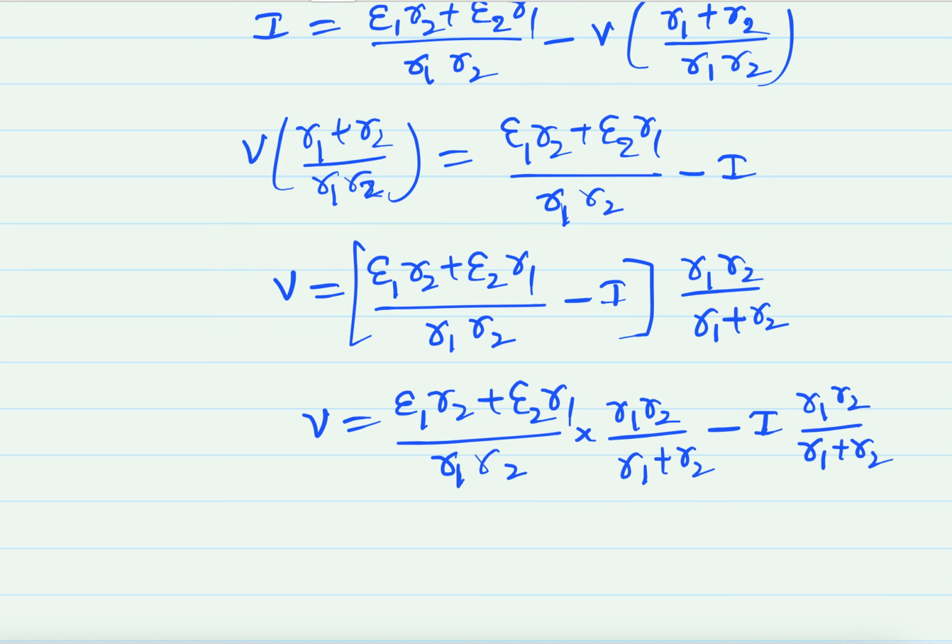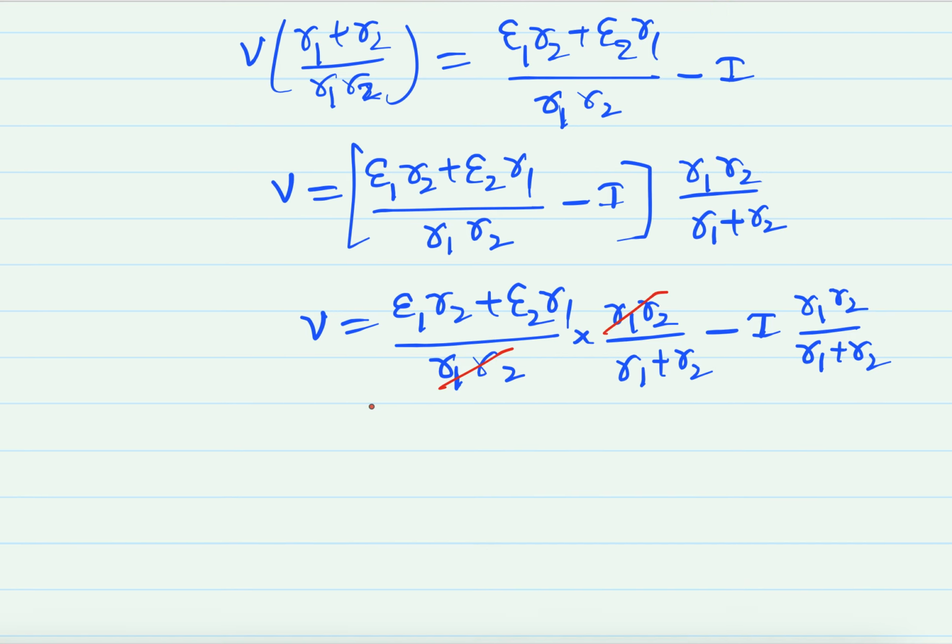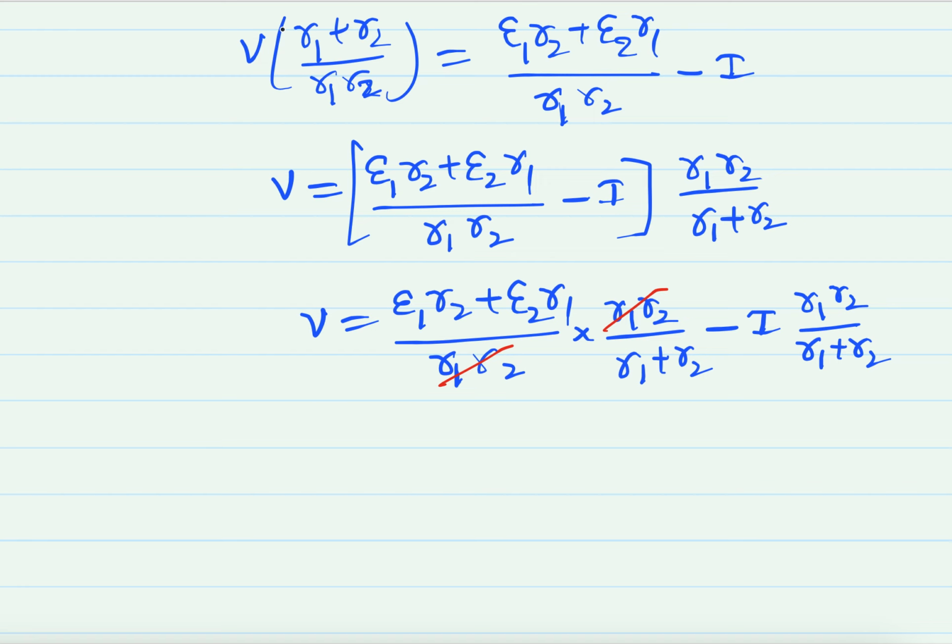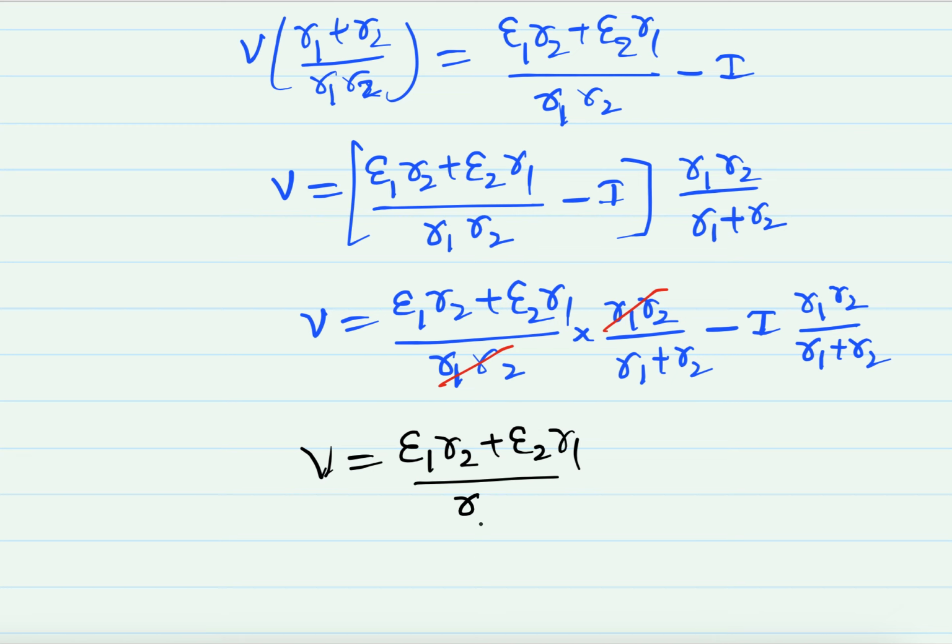Now here these terms will get cancelled, R1 R2 and R1 R2 will get cancelled out. So continuing, V is equal to (E1 R2 plus E2 R1) by (R1 plus R2) minus I into R1 R2 by (R1 plus R2).